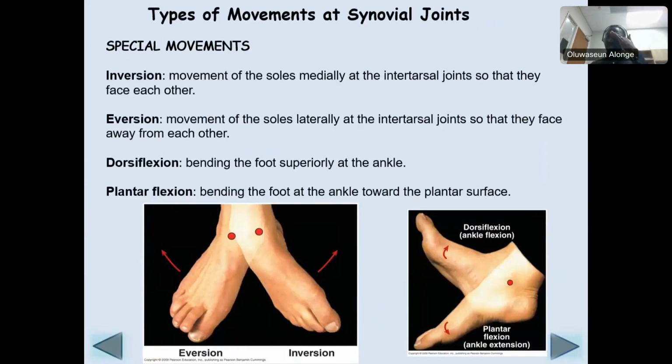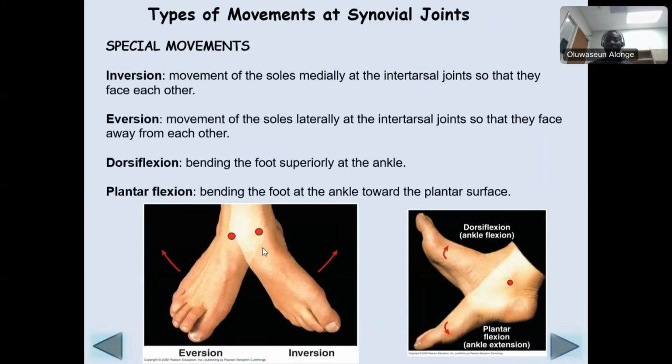Now, these are inversion. Inversion is more like you're doing medial rotation, right? So inversion is you are tucking your limb inside. I mean your foot, right?